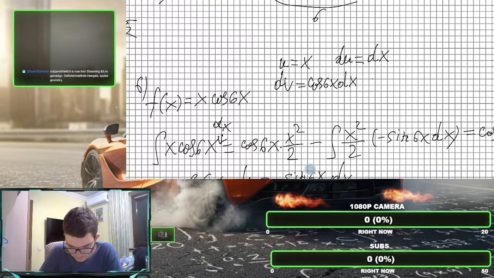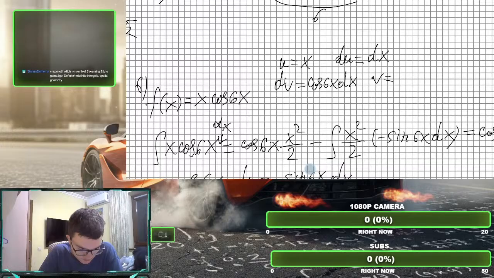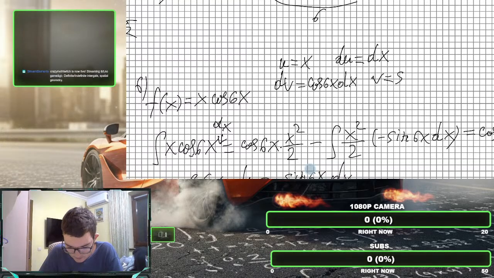So v will be cos 6x integrated, and the integral of cos is sine, so it's sine 6x from what I know. So yeah, I got that.